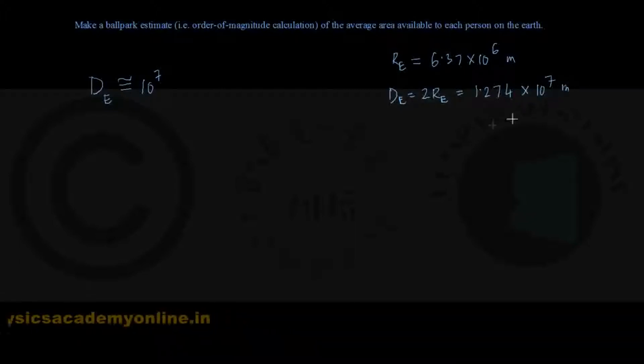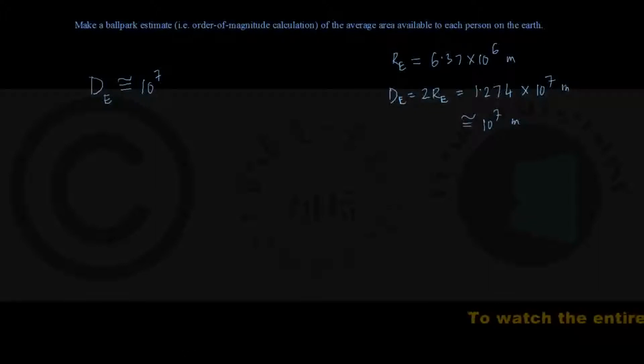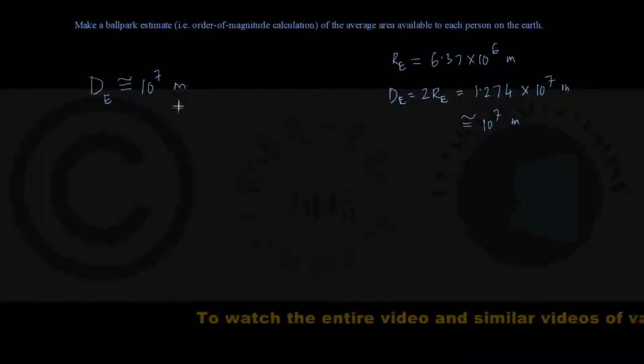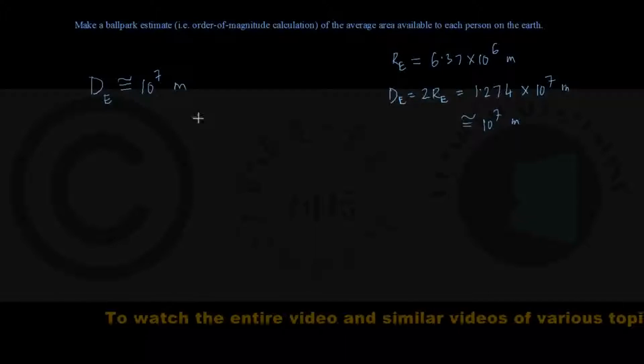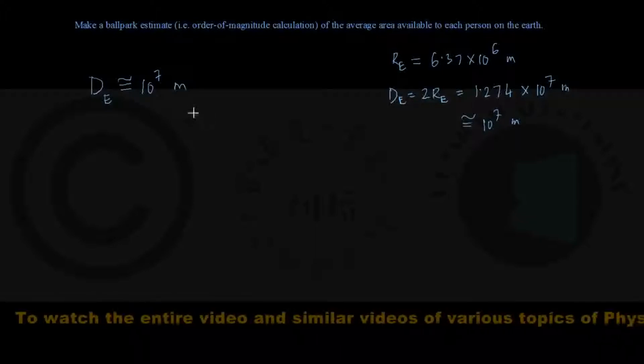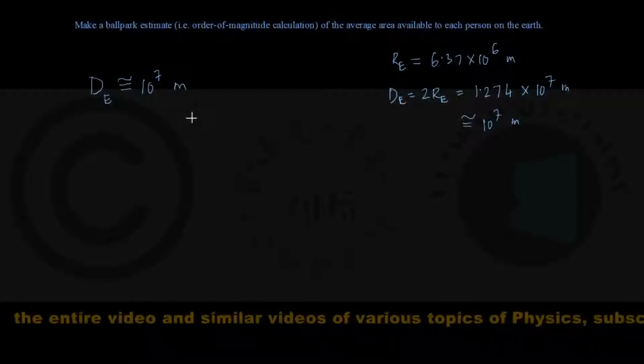Since we don't care about that part, we just make sure it is less than 5, so I go for the quick approximation, and that order is 10 to the power 7 meters. So we are quite right in our assumption. The order of magnitude of the diameter of the earth is 10 to the power 7 meter. We don't need any more accurate data than this. This is sufficient for the ballpark estimate.